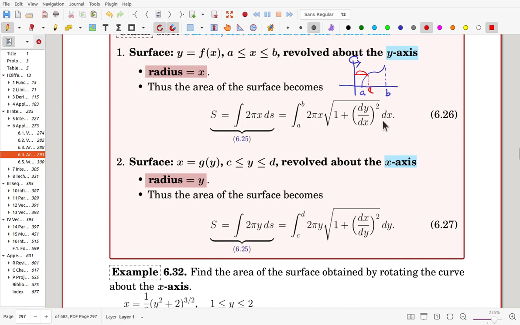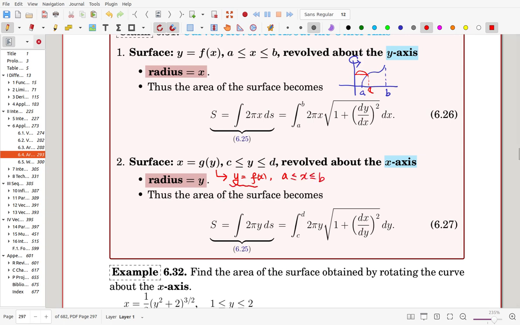So that's the formula. Sometimes you can change into x-directional integration. However, sometimes it's not easy to get the formula out of this one, because for x-axis rotation, for example, you can get y equals f of x, and of course the corresponding lower bound and upper bound of x, a and x like that.